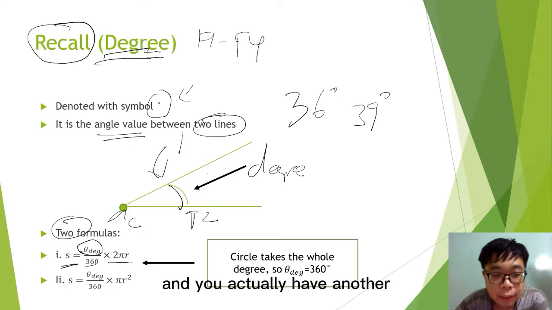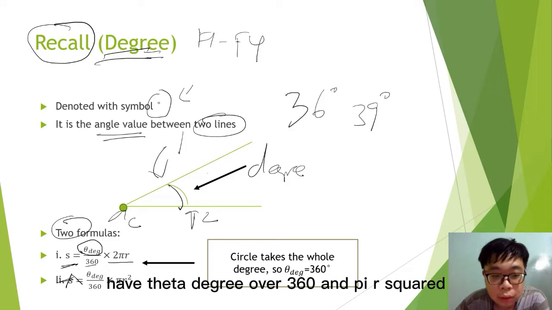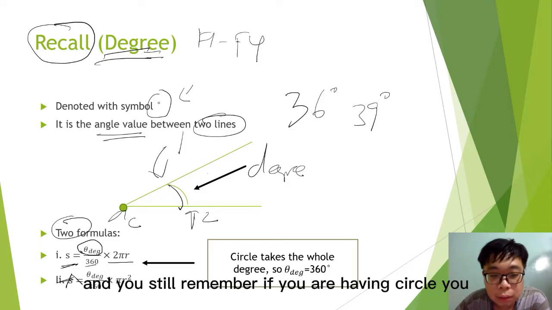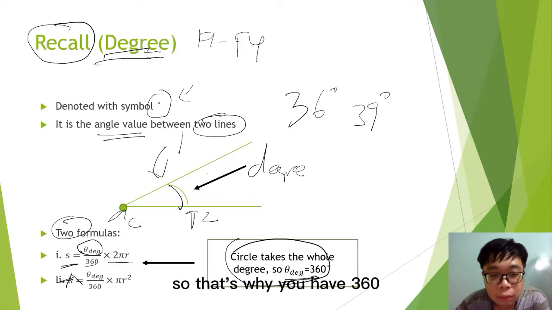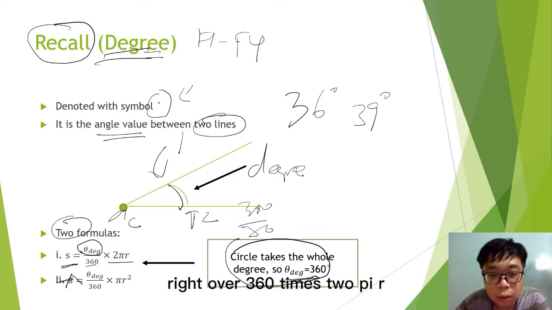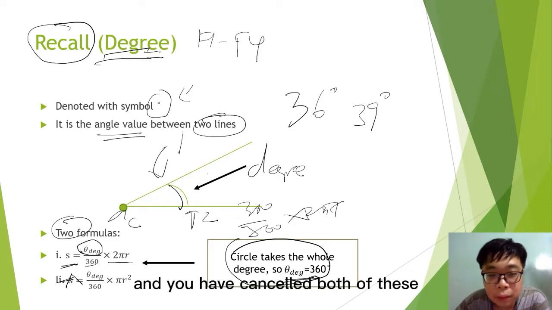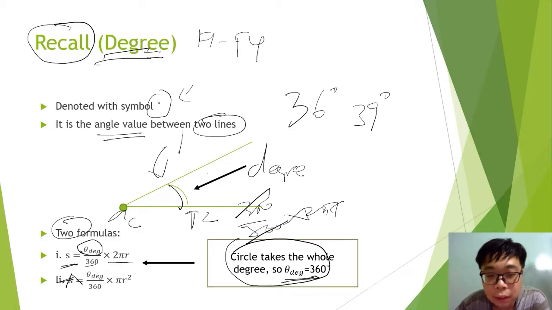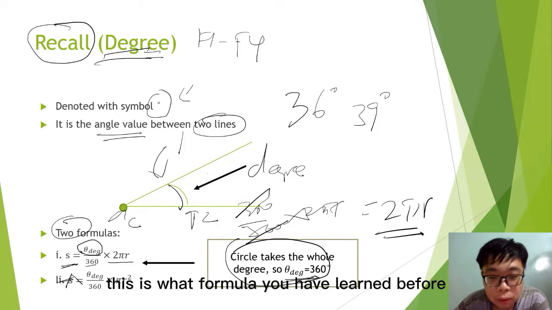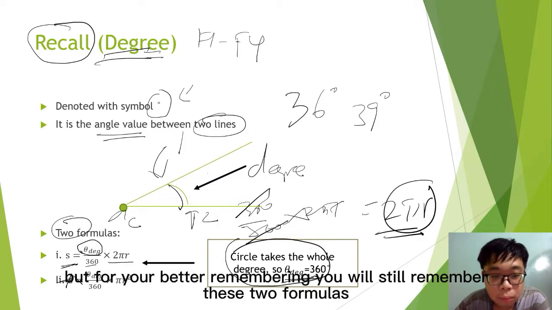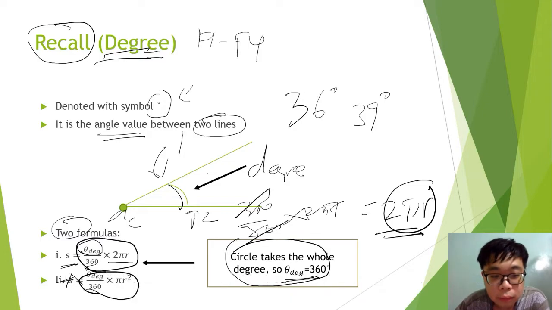The other is the area formula: theta degree over 360 times pi r squared. If you have a whole circle, theta is 360, so the 360 over 360 cancels and you are only left with 2 pi r. This is the formula you learned before, but for better remembering, you should still remember these two formulas.